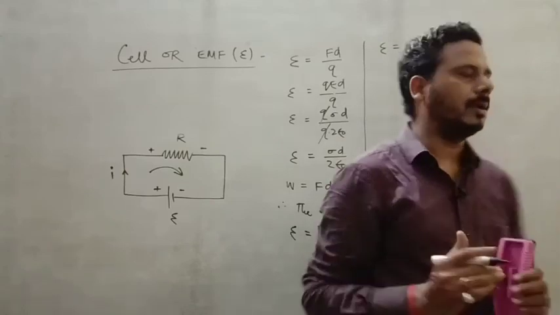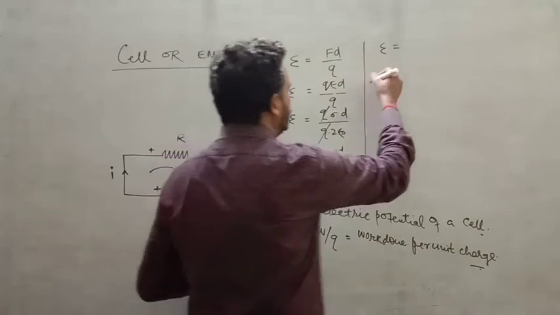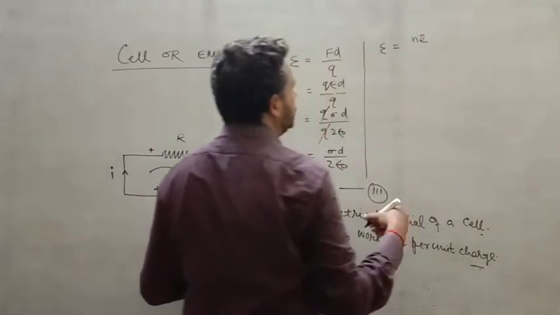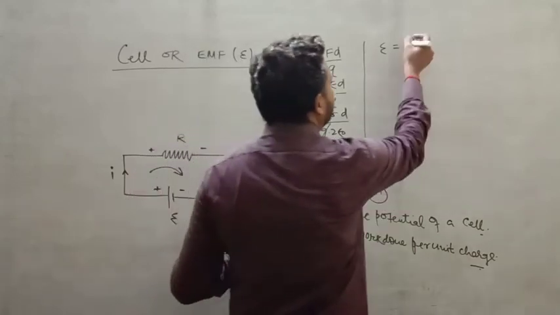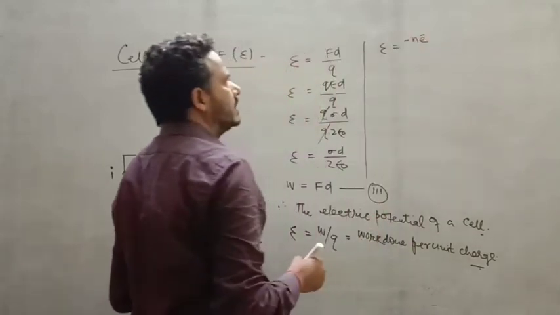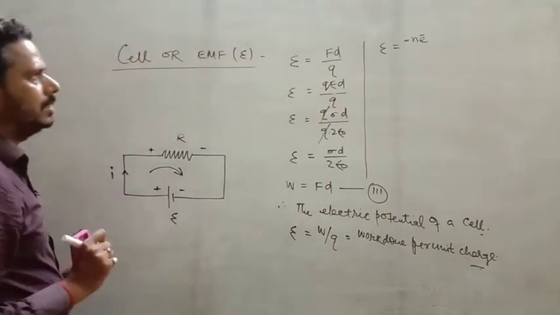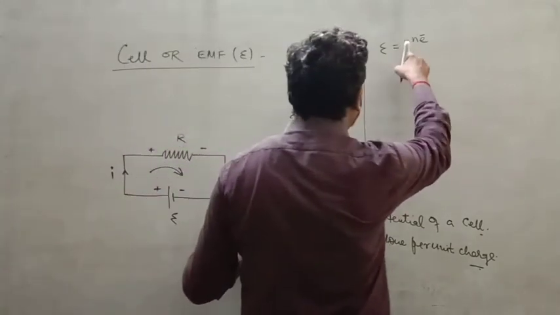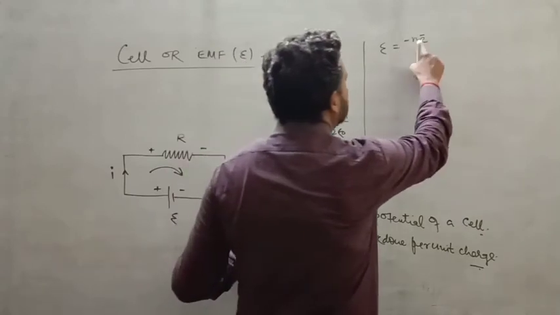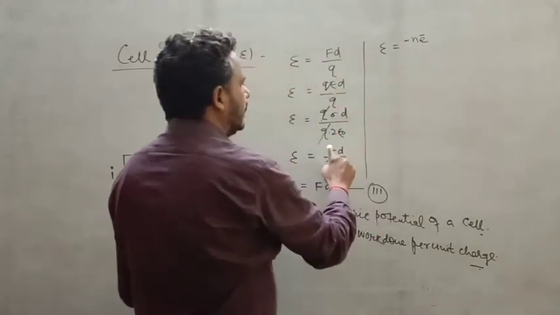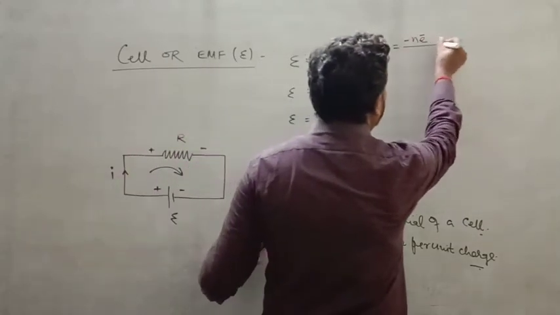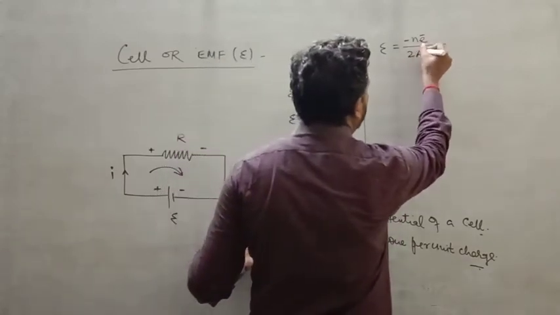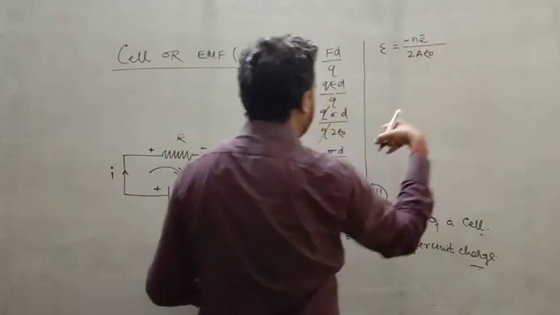Okay, so simply I am going to write Ne as the net charge with a negative sign. Why a negative sign? Because the electron is negatively charged, that's why we have taken a negative charge here. So minus Ne divided by A, so this is 2A epsilon naught and D be there.